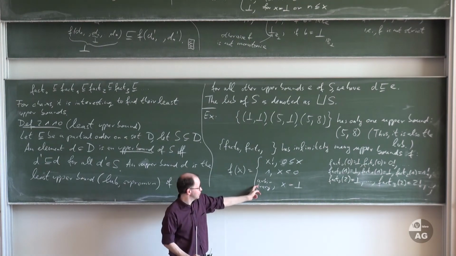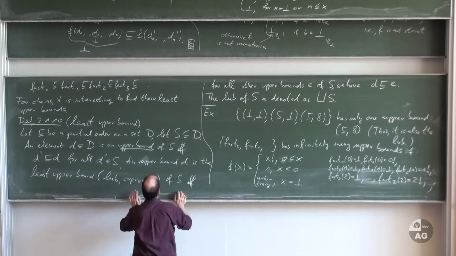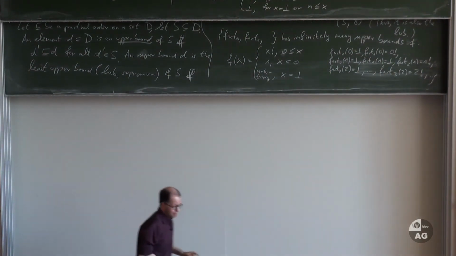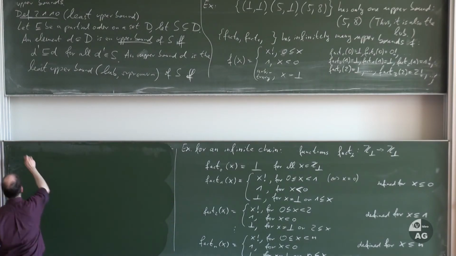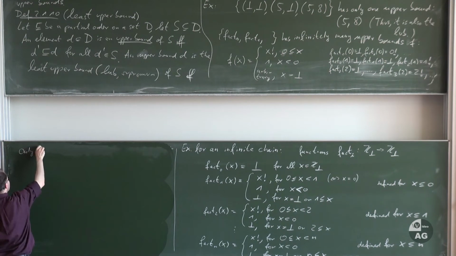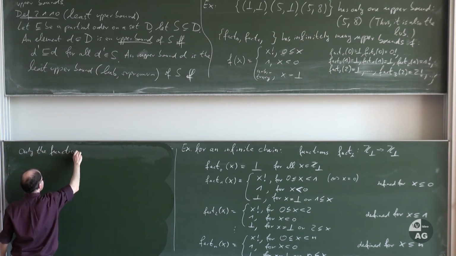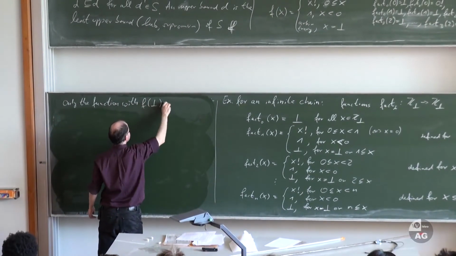Otherwise, this will not be monotonic. So there are many upper bounds, but only one that is monotonic. Only the function with f of bottom is bottom is monotonic.